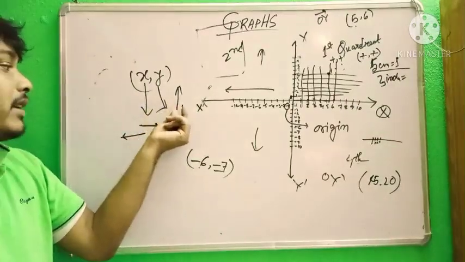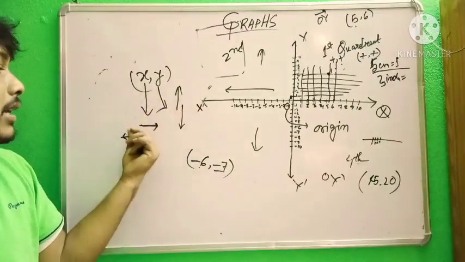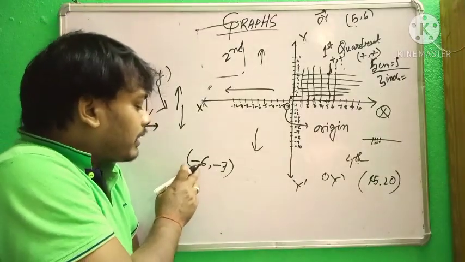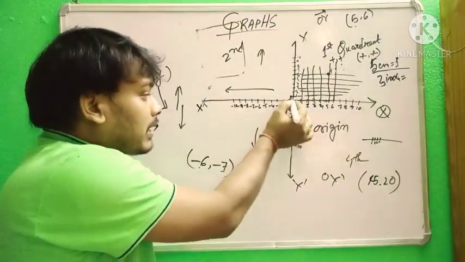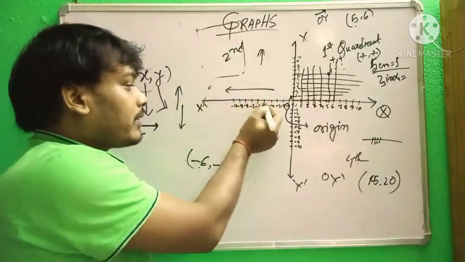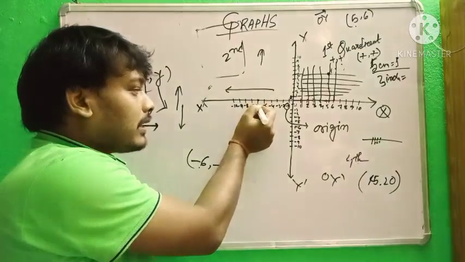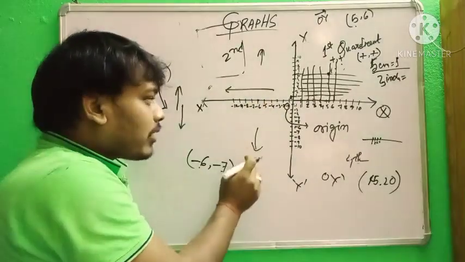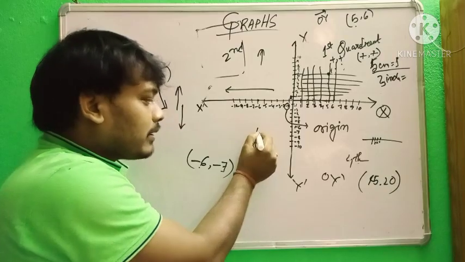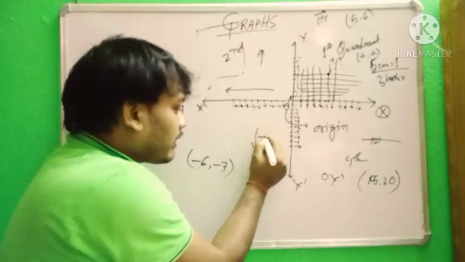It depends on whether the value is given in negative or positive. Here the value is negative, that means towards the left, so minus 6 here, and minus 7 means downward, 1 2 3 4 5 6, minus 7, so the point lies here.